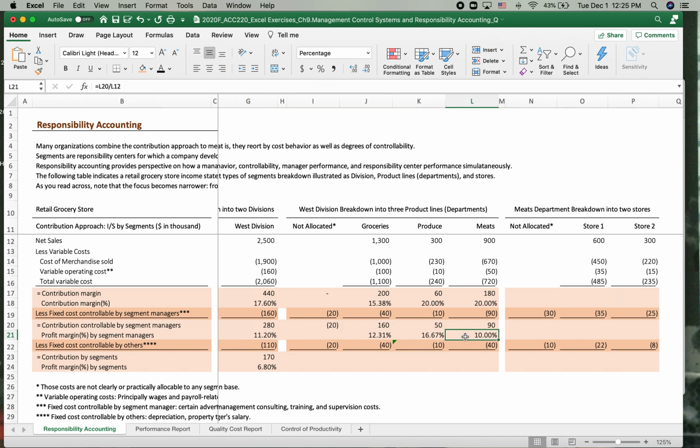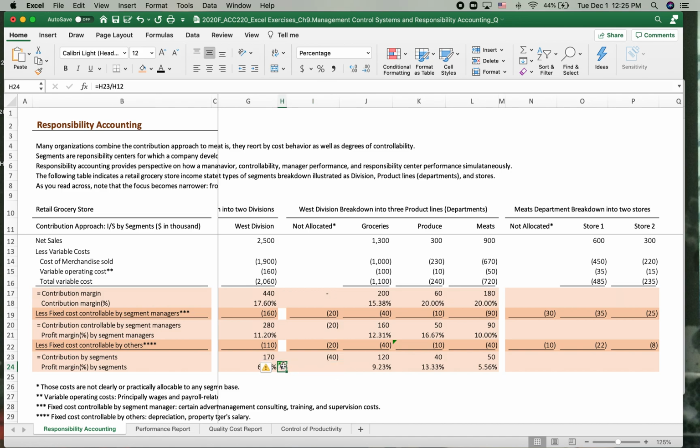So we can evaluate that the meats segment managers have the lowest profitability, so we have to focus on this number. And then the rest amount is the fixed cost, which is not controllable by segment managers but controlled by other managers. So let's calculate it in the same way.